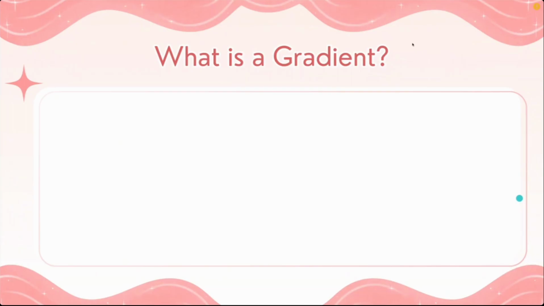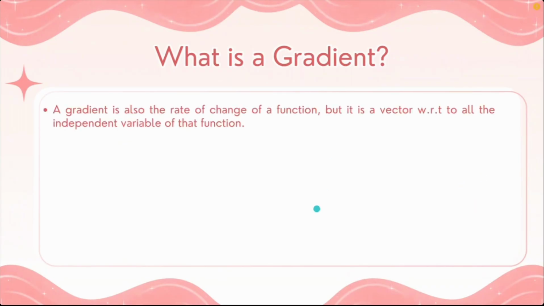What is a gradient? To understand how the concept of derivative goes into gradient, you have to understand what a gradient is. A gradient is also a rate of change of a function with respect to some other variable. But rather than having a single variable or two variables, we deal with vectors, as in deep learning.